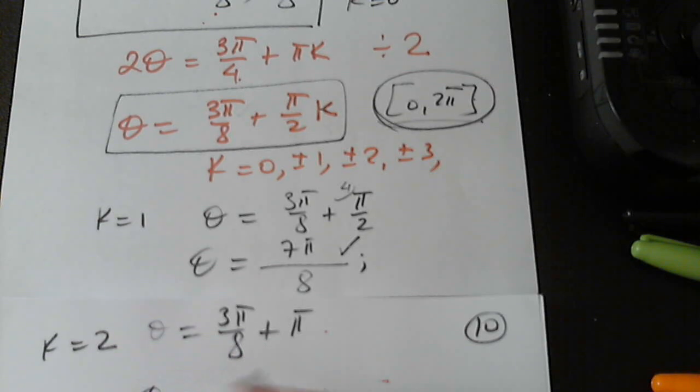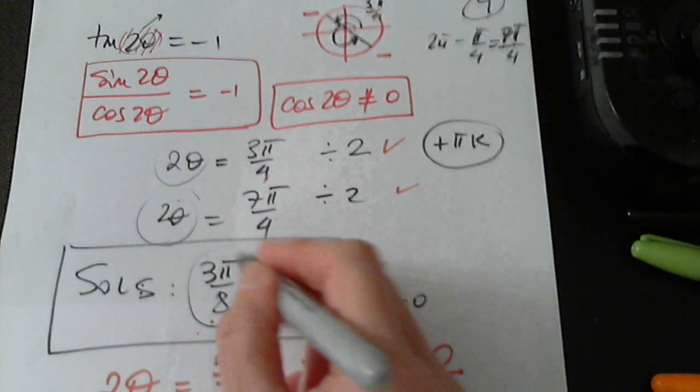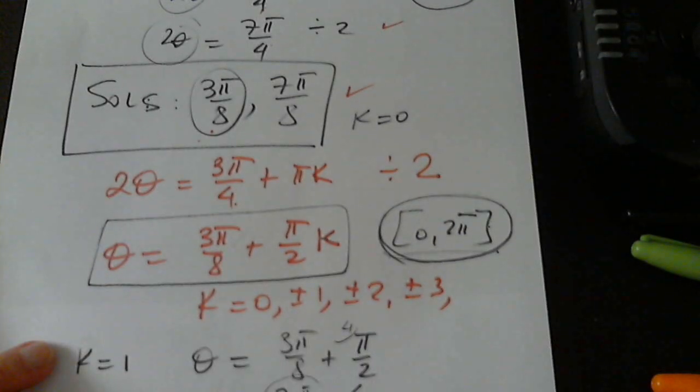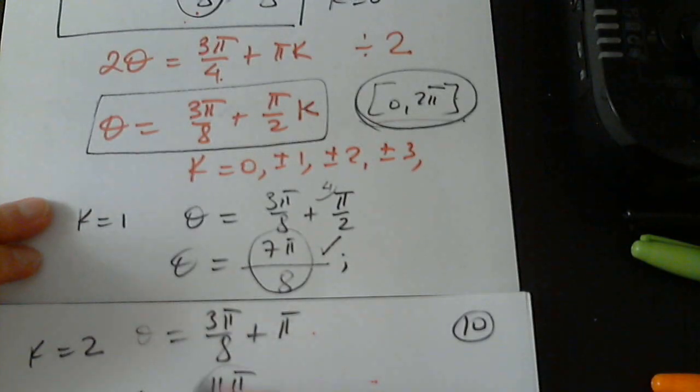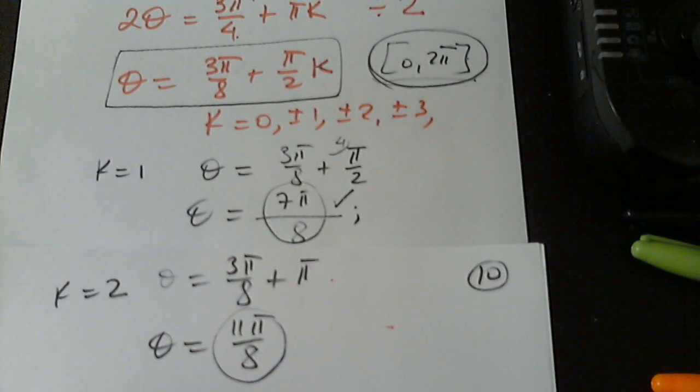So theta equals 11 pi over 8. This 11 pi over 8 is in the third quadrant. So we found one in the first quadrant, another in the second quadrant, and another in the third quadrant. Now we have to find one in the fourth quadrant.